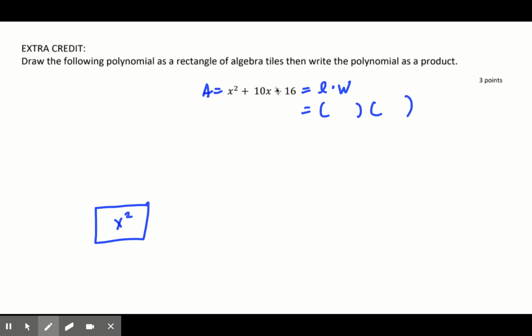And basically you want to figure out how do you rearrange your 1x tiles here, right, to have your 10 1x tiles, right? You have 1, 2, 3, 4, 5, 6. So your 10 1x tiles so that you have a grid of 16 unit squares, right?